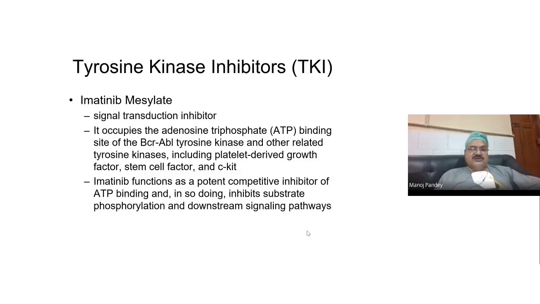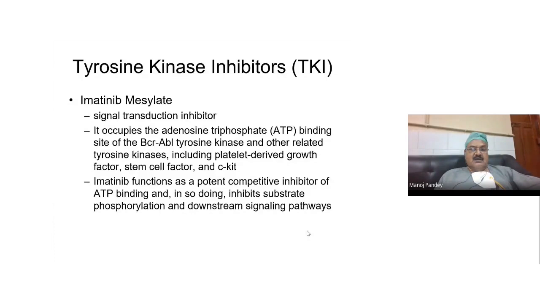There is a new class of compounds which are not actually cytotoxic but cytostatic. They are called tyrosine kinase inhibitors. Tyrosine kinase is an enzyme which is basically required for the cell cycle to complete. And these compounds are classified according to which tyrosine kinase they inhibit, like imatinib is a BCR-ABL tyrosine kinase inhibitor.